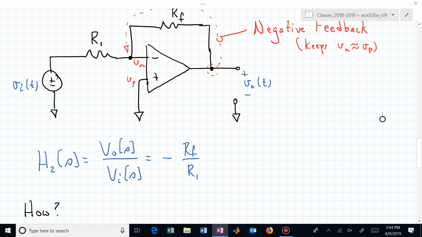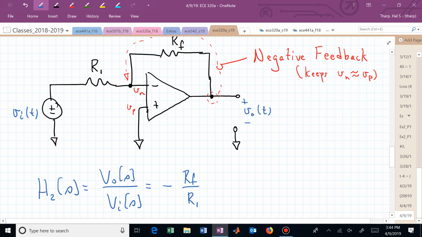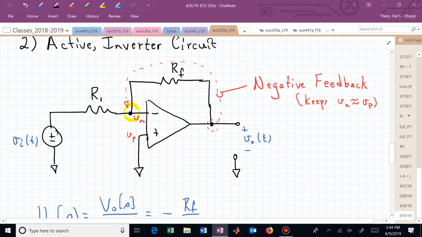So the answer to my question, or to answer this how, is one way to analyze this would be to perform KCL or nodal analysis at a node of interest. And the node of interest is actually that inverting terminal node. If we now look at KCL here, what do we have?